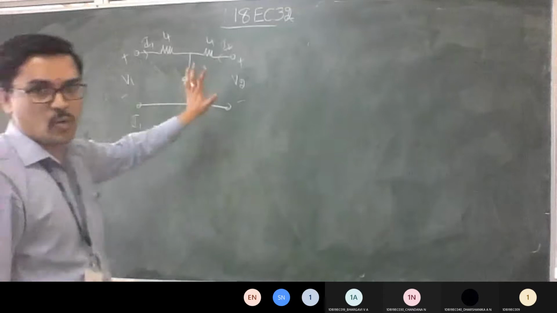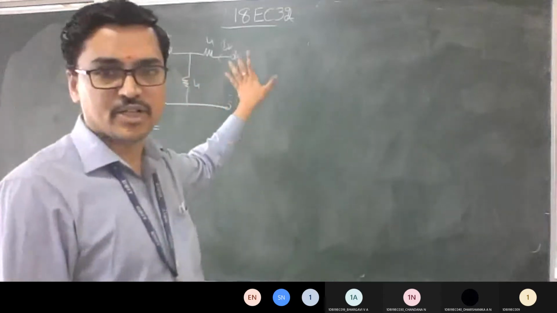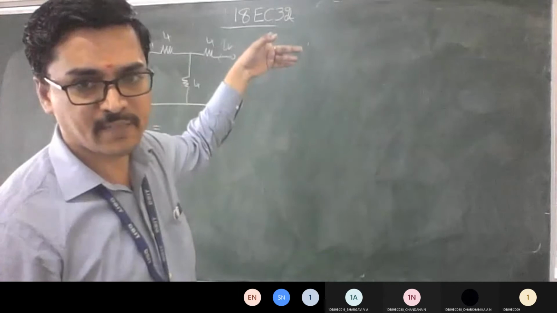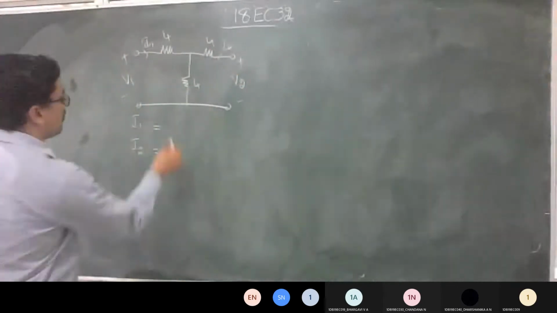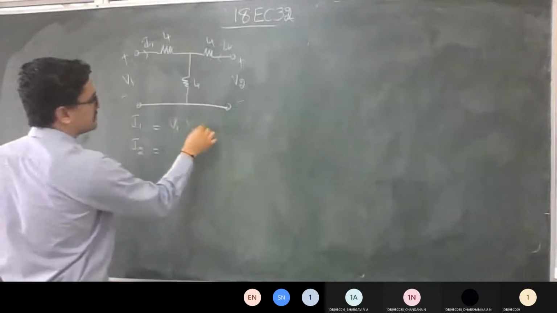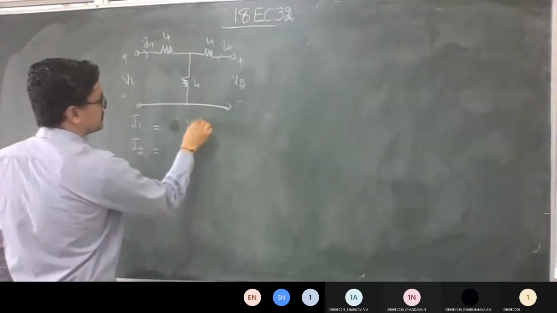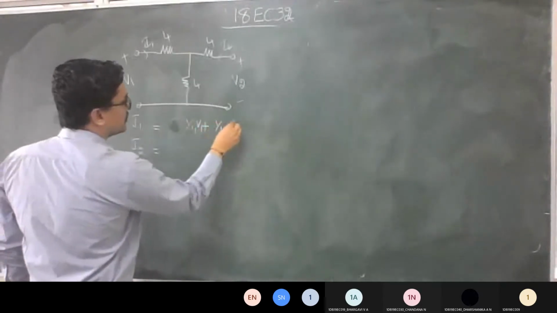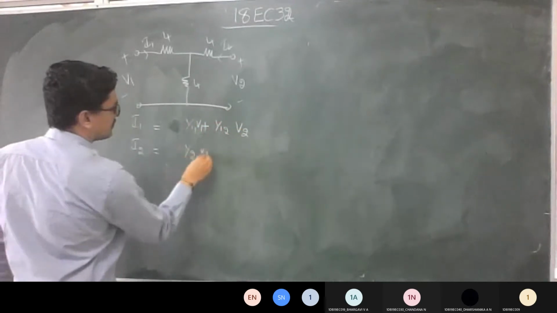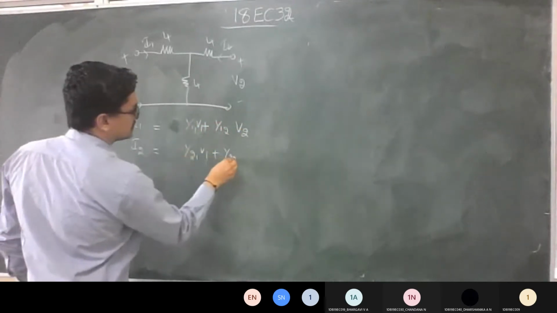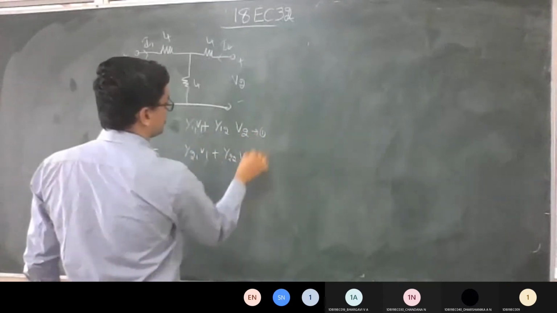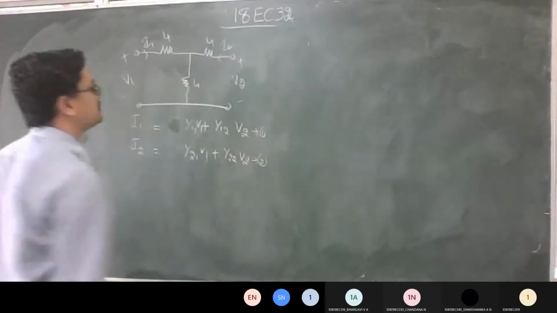I told you Y parameter is also called short circuit admittance; earlier it was open circuit, Z parameter. The formula is I1 equals Y11 V1 plus Y12 V2, and similarly the other one. So this is your generalized equation in V1, V2.